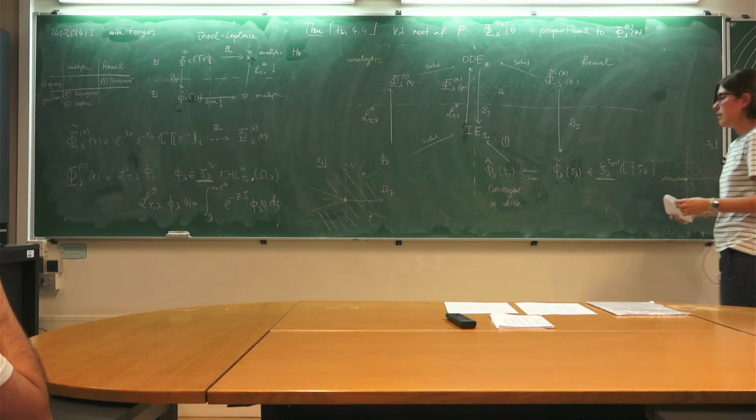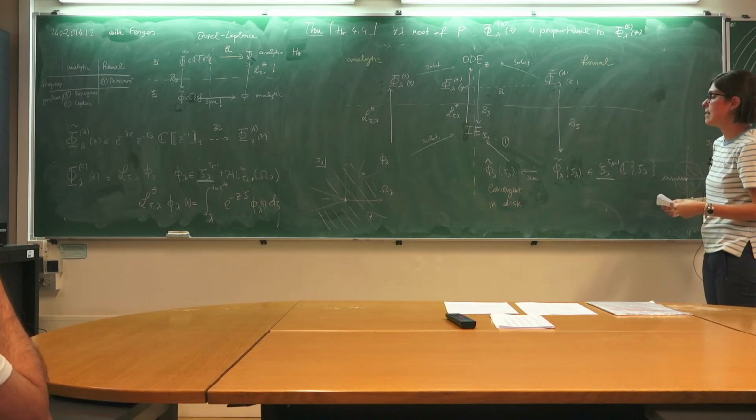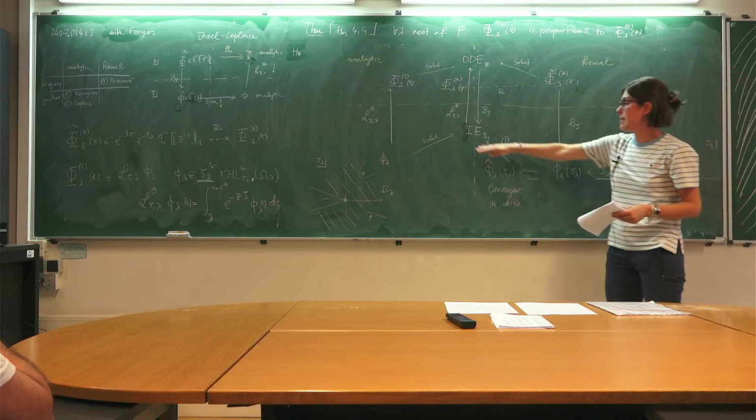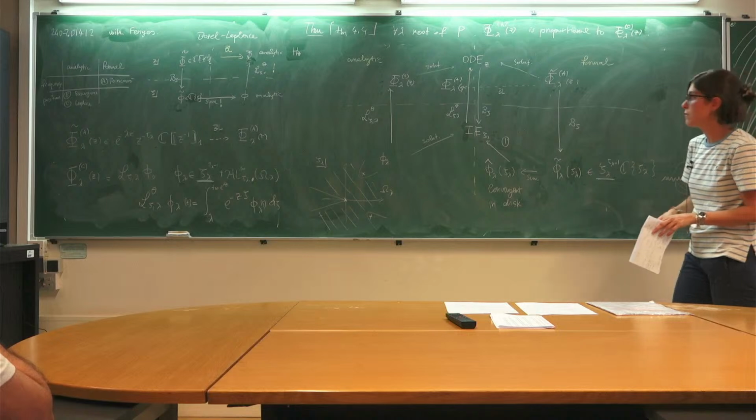Now, we have a solution of this equation, but in fact, the theorem of yesterday tells us that this integral equation has a unique solution in a certain function space.